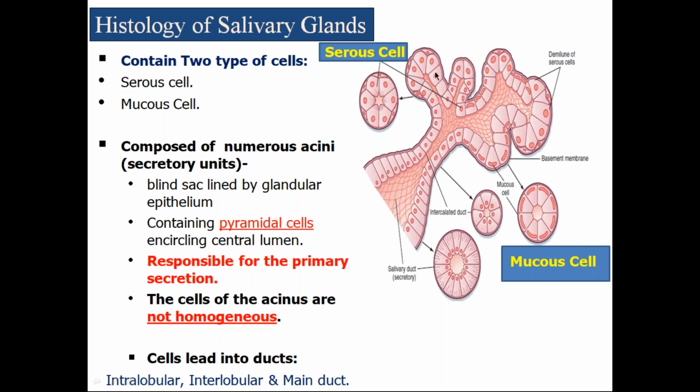So you have the presence of serous cells, mucus cells, epithelium, and a central lumen. This is where the secretion would occur. First, the acini will secrete the primary secretion, which would be modified by the ductal cells, and then what flows out would be the final secretion from that particular salivary gland.